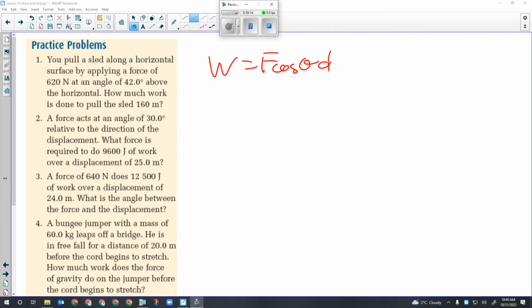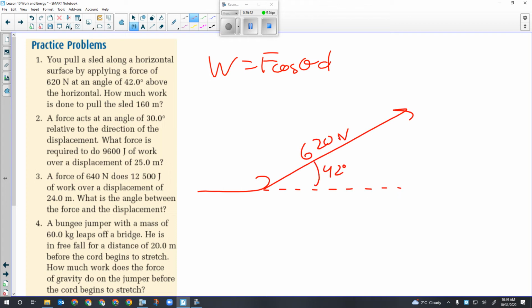Okay. So, you pull a sled along a horizontal surface by applying a force of 620 newtons at 42 degrees above the horizontal. So, here's the sled, okay? This is horizontal, but you're pulling this way with 620 newtons, 42 degrees. So, the sled's not going that way. The sled is going this way.